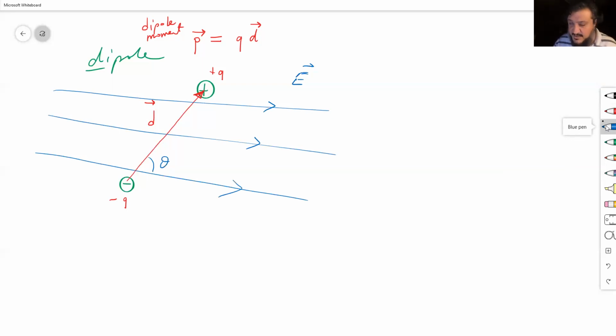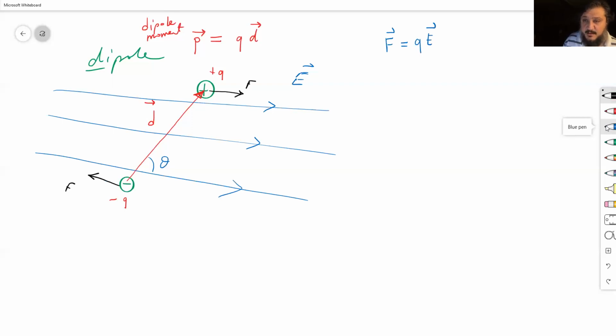So according to the basic relationship between the Coulomb force and the electric field, I'm expecting to have forces on these two charges. I know that. If the charge is positive, the force points in the same direction as the electric field. But if the charge is negative, it flips the direction and starts pointing in the opposite direction.